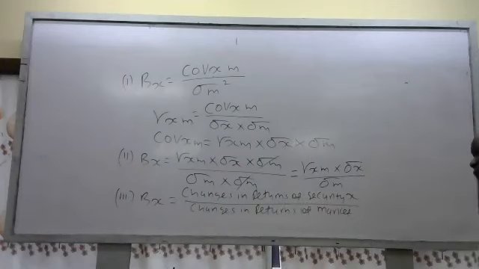That will also give you the beta factor. You simply get the changes in returns of security X divided by the changes in returns of the market.